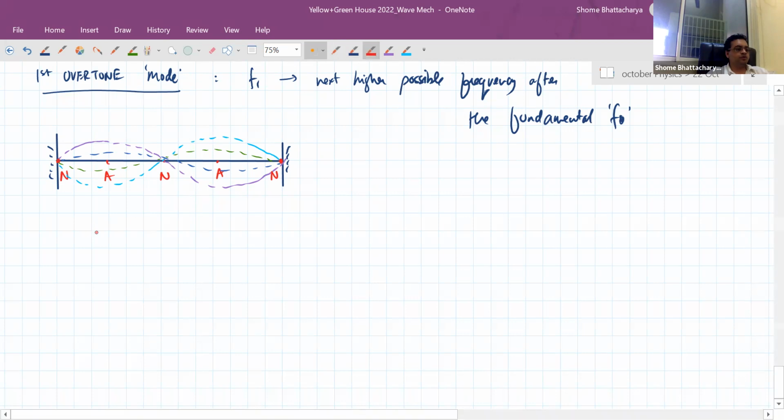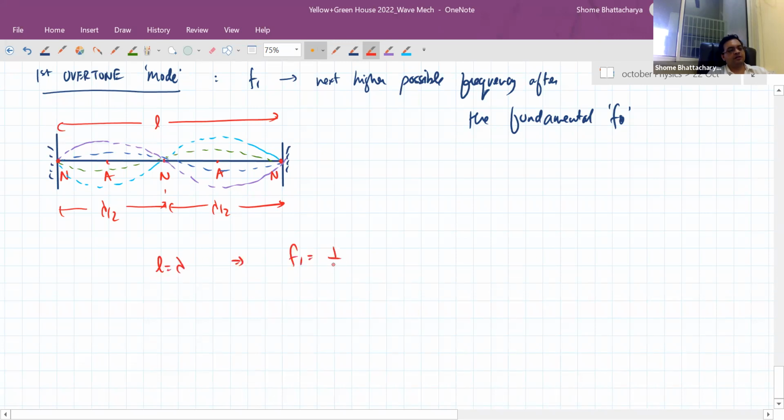So in the first overtone mode, you can see that you have lambda by 2 between node and node, and then again lambda by 2 between node and node. So the length of the string becomes equivalent to 2 half wavelengths. The frequency becomes 1 by lambda times square root T by mu, so that becomes 1 by L square root T by mu.